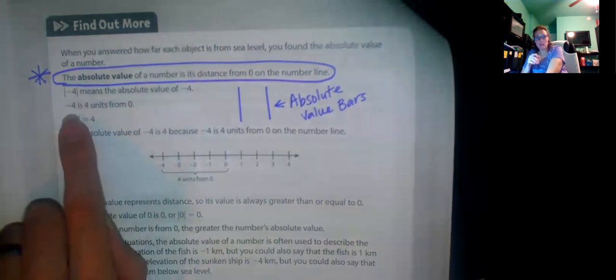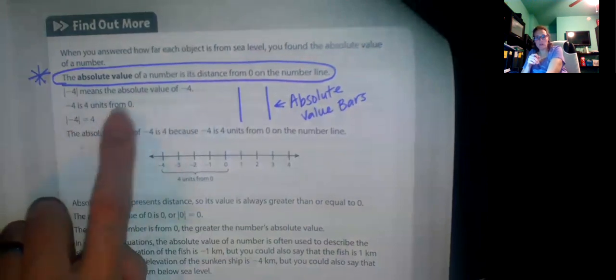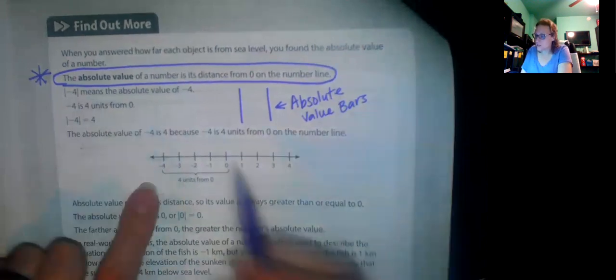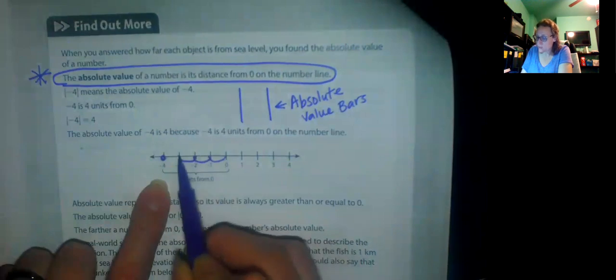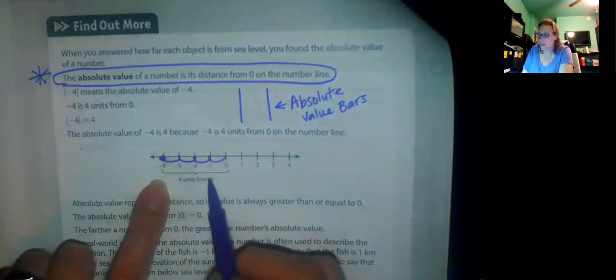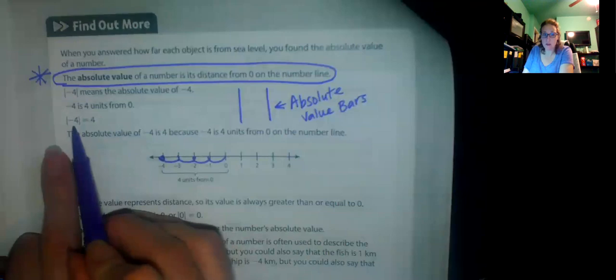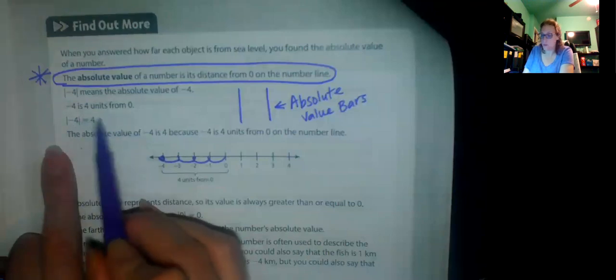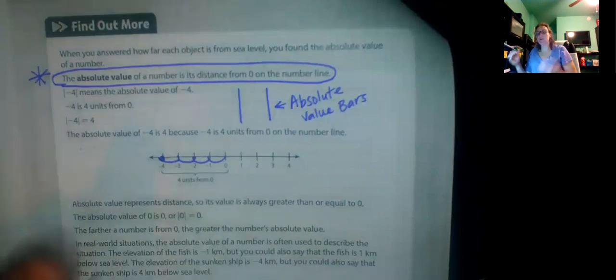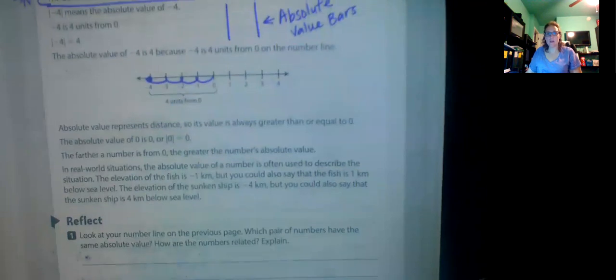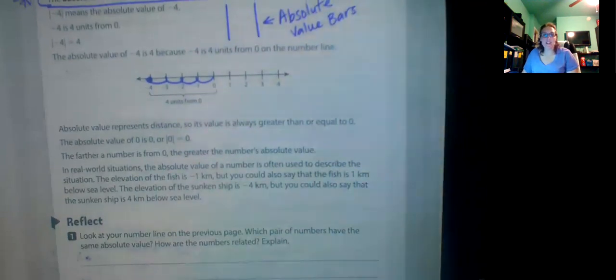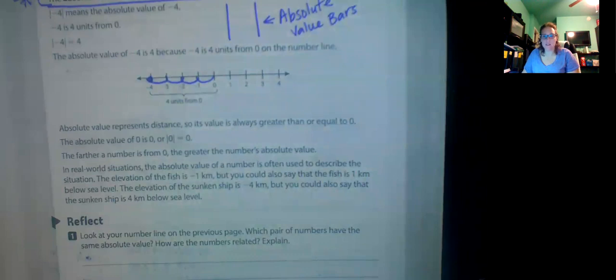So -4 is 4 units from 0, right? So here's -4. That's 1, 2, 3, 4. So 4 units from 0. Therefore, the absolute value of -4 is 4. It is equal to 4, because it is 4 units from 0. Absolute value represents distance, so its value is always greater than or equal to 0.